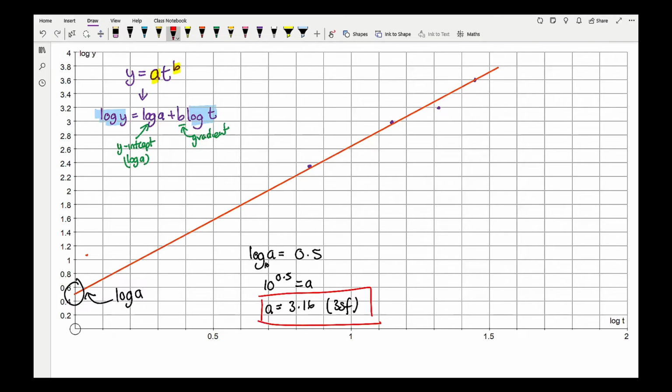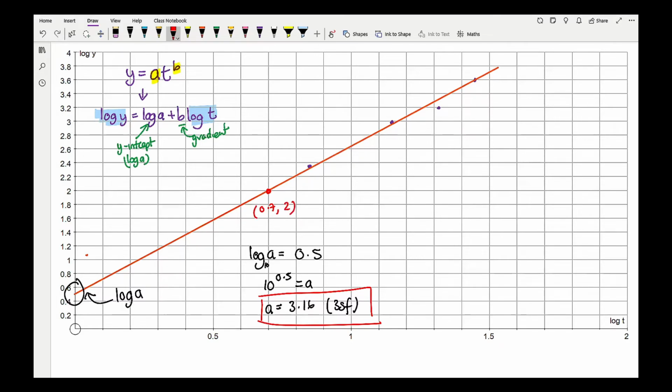The next thing I need to do is find my gradient. For this, you want to use points on your graph where it fits nicely on the line, where it's easy for me to find the values. I'm trying to find the gradient on the red line. So let's use this point here, which has the coordinate of 0.7, 2.